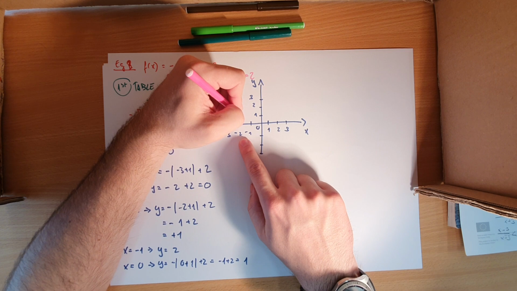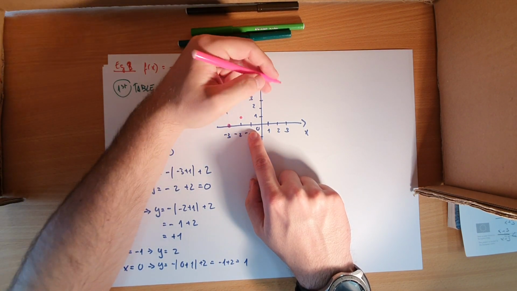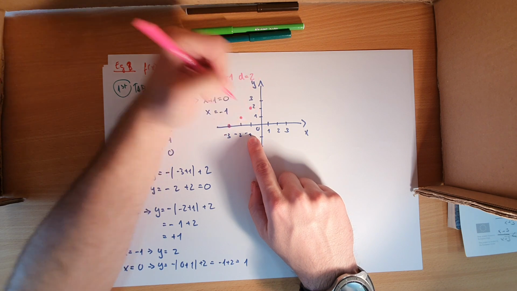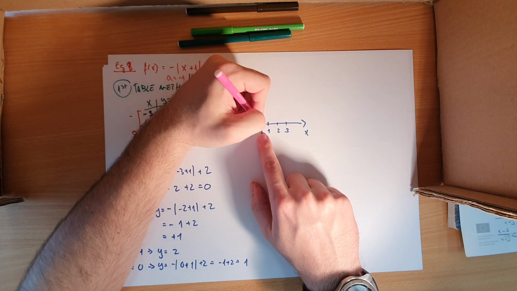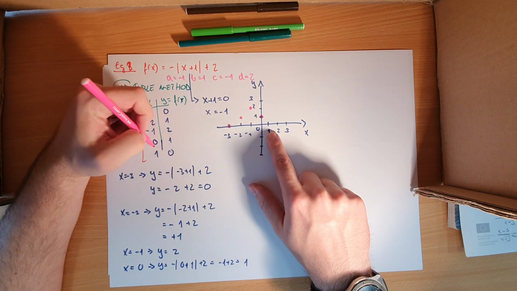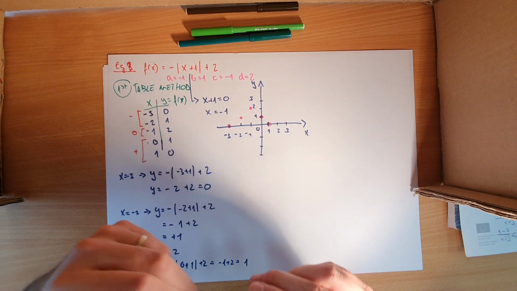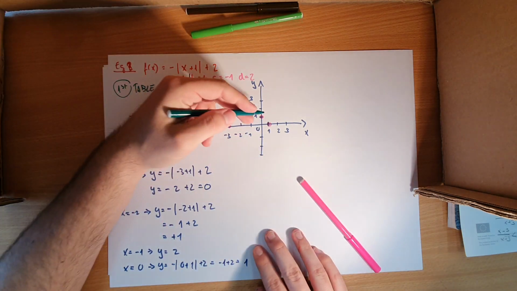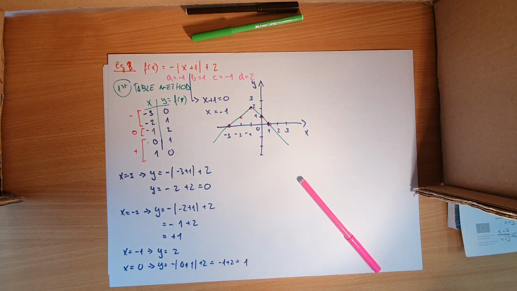Minus 2, 1. Here is the second point. Let's go with the third: minus 1 and 2. Then we have 0, 1. And then we have 1, 0. There you go. And this is the graph of this absolute value function. There you go. You have drawn it.